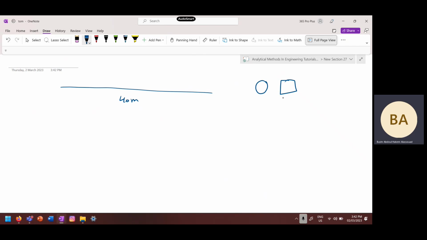A circle, and this is supposed to be a square, but anyway, a circle with a radius r and a square with a side s. So in order to make these two shapes, you need to find their circumference. The circumference of a circle and the perimeter of a square. Anyway, the summation of the perimeter and the circumference should be equal to 40.